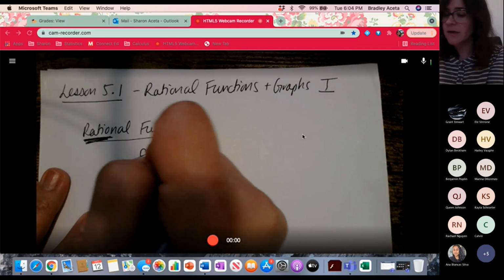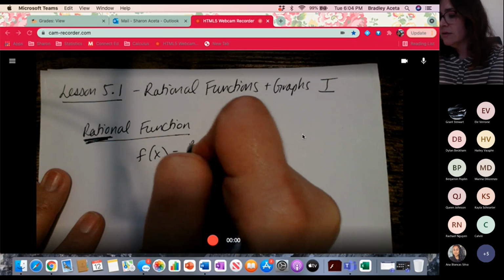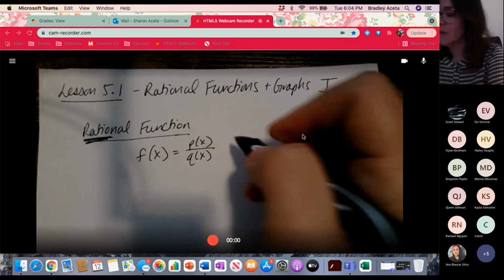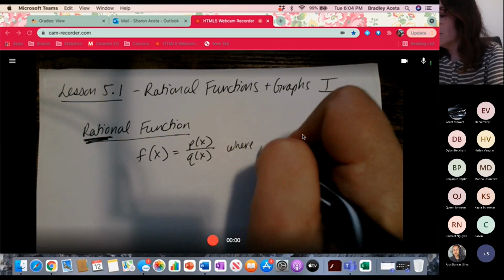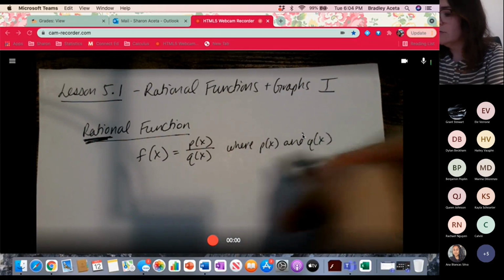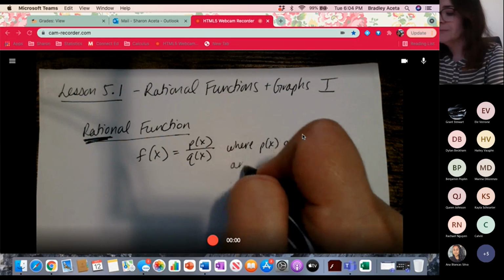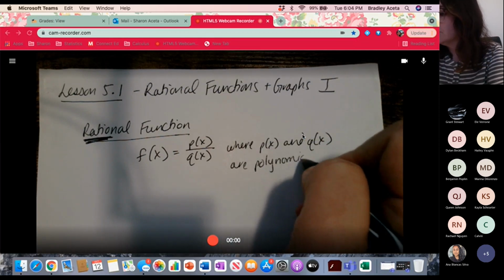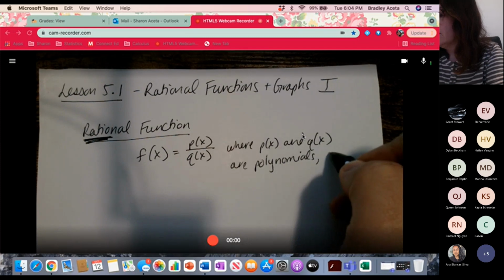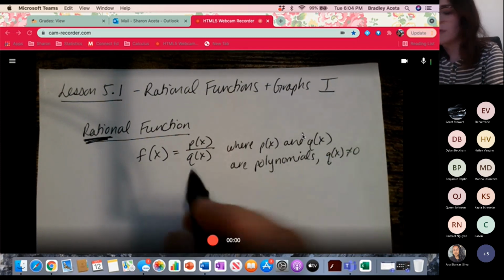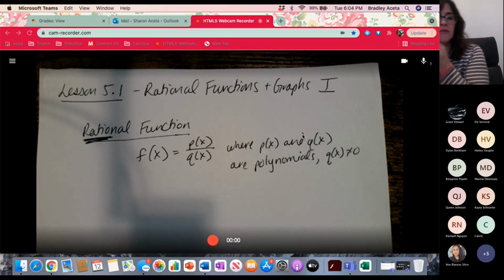It's where f of x is equal to some polynomial p of x over q of x, where p of x and q of x are both polynomials, and q of x cannot be 0 because we never want 0 in the bottom of a denominator, obviously.